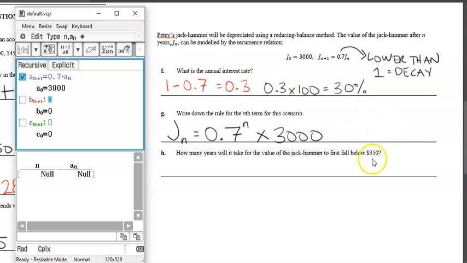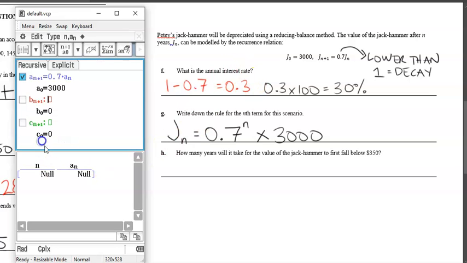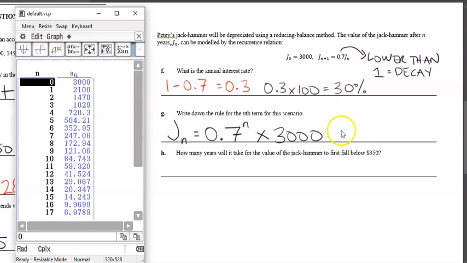Now we want to see when it first goes below $350. So I'll set my starting value at 0 and my ending value, let's just go 25. Let's see how 25 goes for now. Press OK, get your table of values and resize this. So we're looking to see when it falls below 350. So it's going to keep going down by 30%.